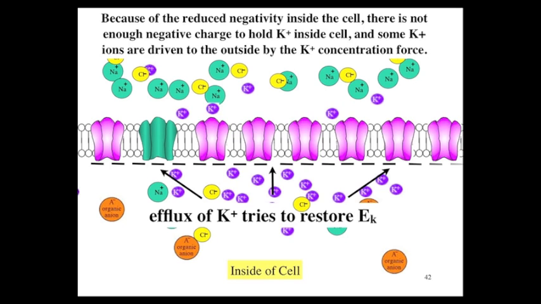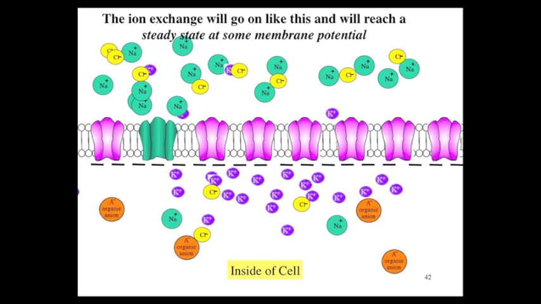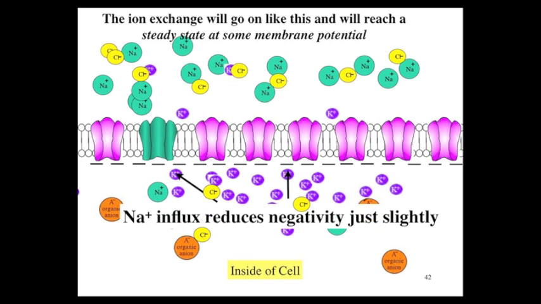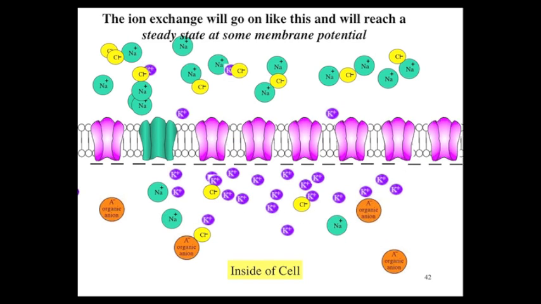At least it tries to. That is, you've lost positive charge and now you've made the inside of the cell a little bit more negative. The problem is the ion exchange will go on like this and will reach a steady state at some membrane potential. Look, influx of sodium reduces the inside negativity, which allows the efflux of potassium that will reestablish that.